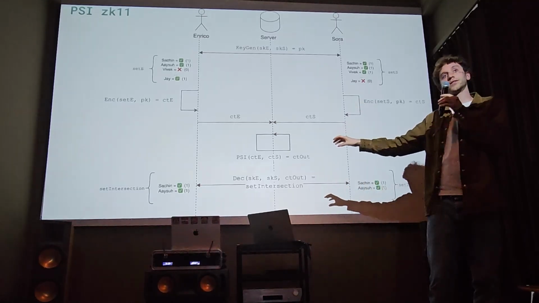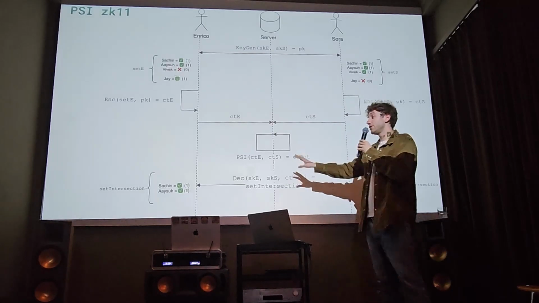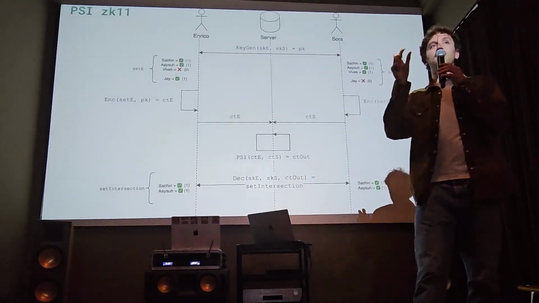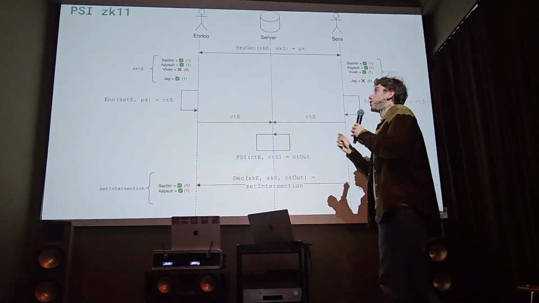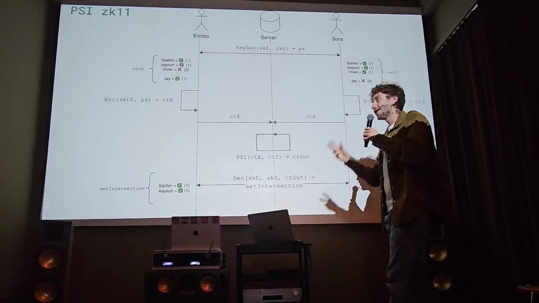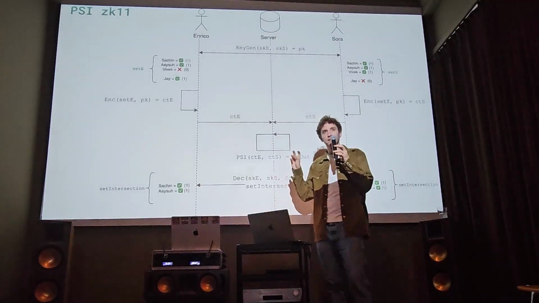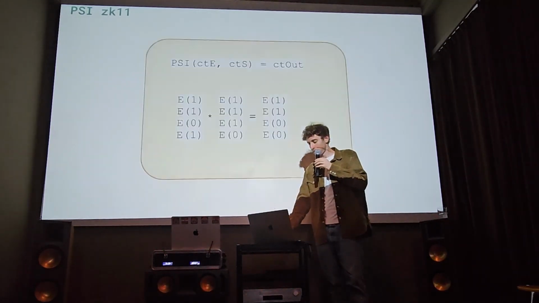They use their secret shares to decrypt this ciphertext, and the result will be a bit vector that is encoding ones only at the indexes that correspond to a signature that has been collected by both the users. So this is, let's say, the good case, there's no attack here.